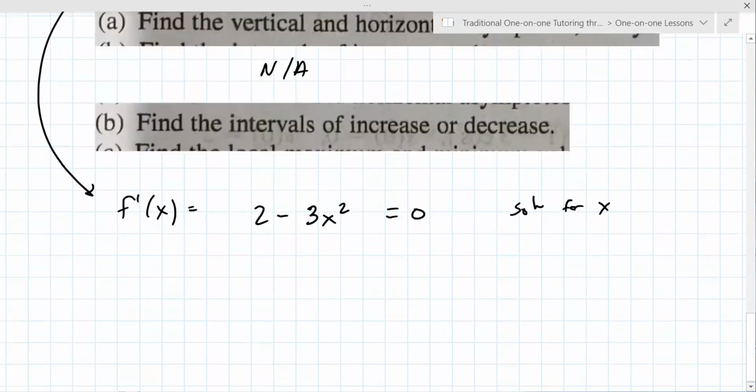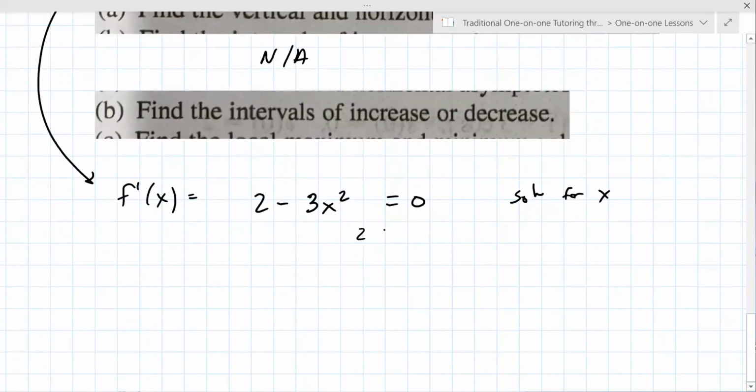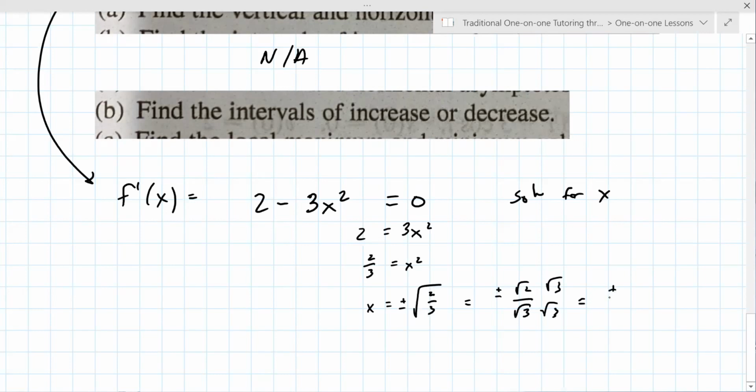So 2 equals 3x squared, 2/3 equals x squared, x equals plus or minus the square root of 2/3, plus or minus the square root of 2 over the square root of 3, and then you have to rationalize here. So you get plus or minus the square root of 6 over 3.